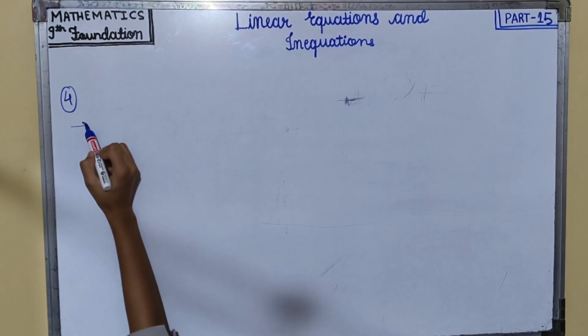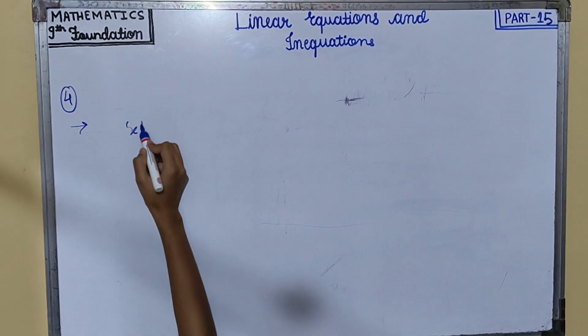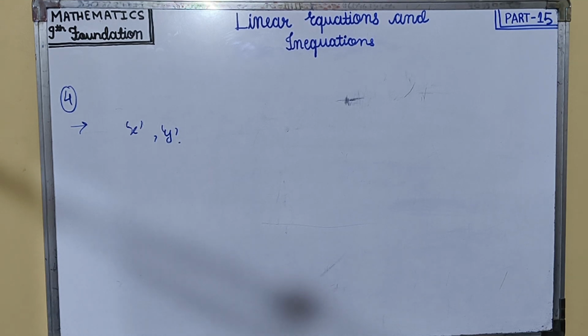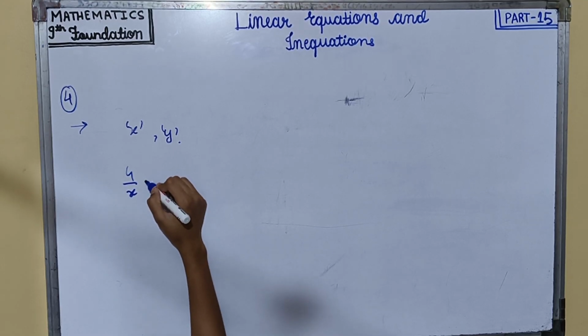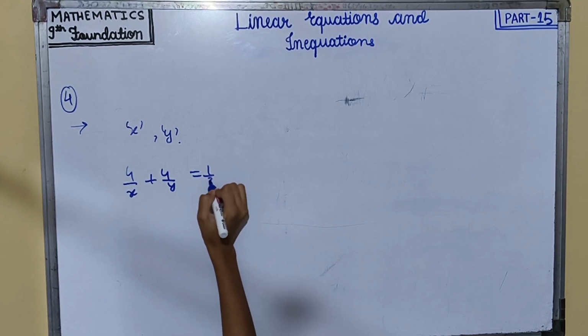Now the answer is that let one man can do it in X days and one boy can do it in Y days. X days by man and Y days by boy. Now we will get 4 by X plus 4 by y is equal to 1 by 3.